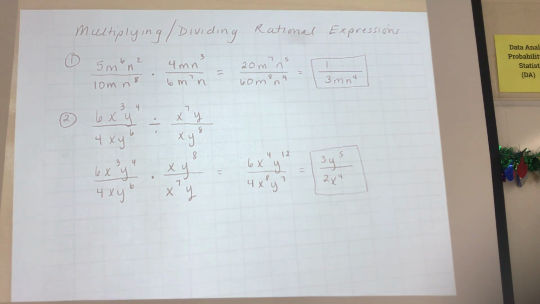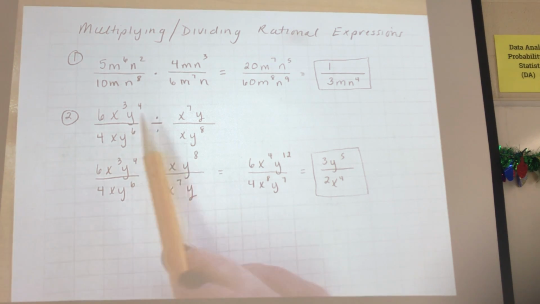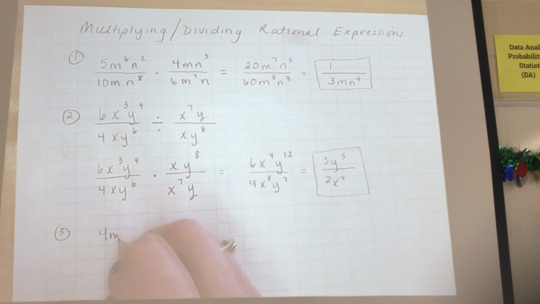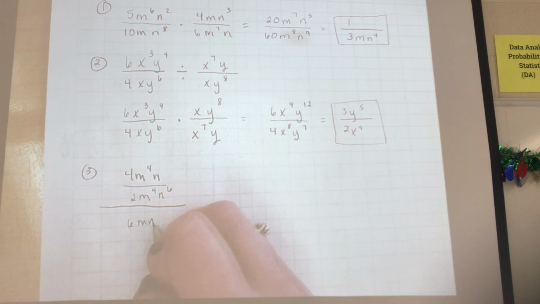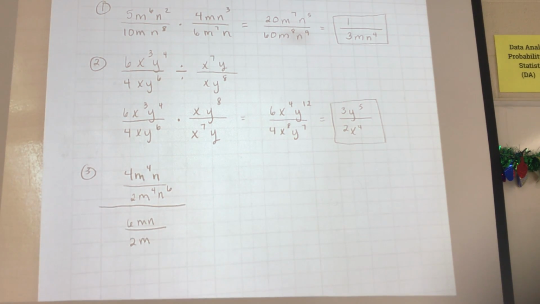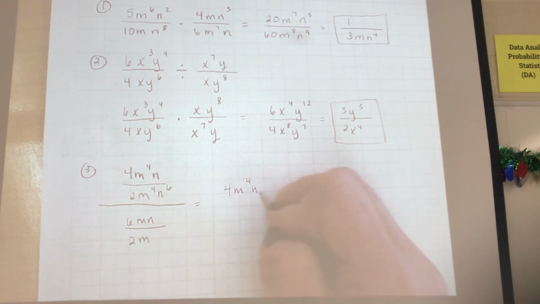The one other thing I want to point out about division problems is sometimes the division problem could be written with a good old-fashioned division symbol, but it could also be written, I'll write one down here, as sort of like a complex fraction, like this. And it's the same thing, doesn't matter, the top fraction stays the same.